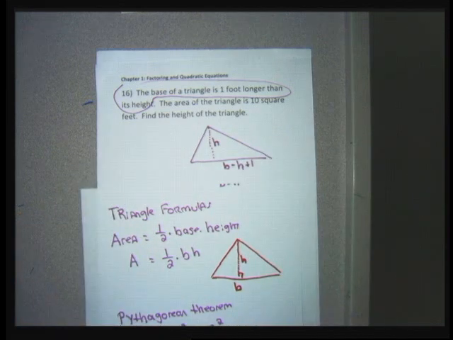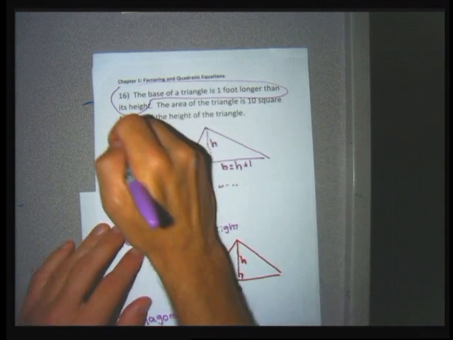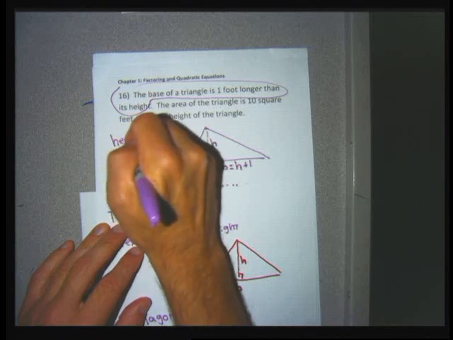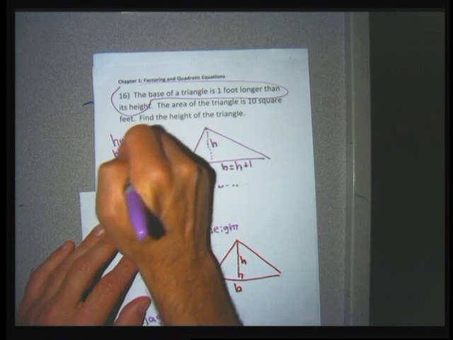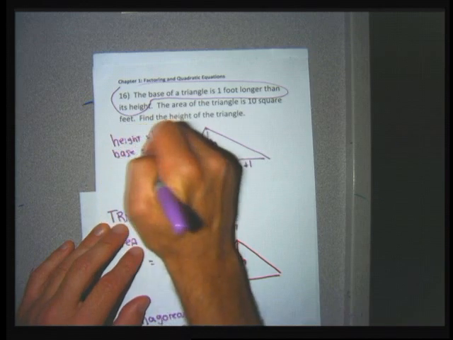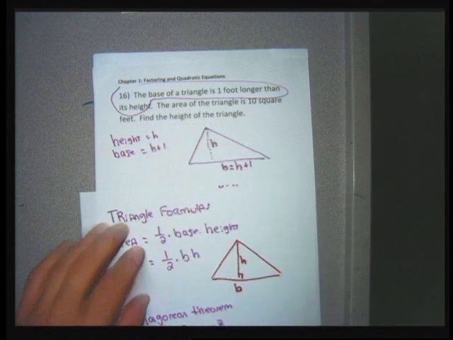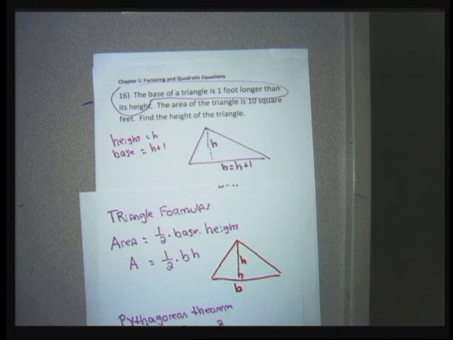That's my triangle, and I'm done with the first sentence. I have a picture. I know the height is my H, and my base is normally a B, but I can't have 2 letters, so I'm going to make it the height plus 1. Now I'm going to move on to the second sentence.